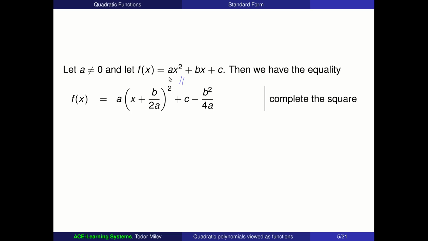That procedure, transforming that quadratic into this expression, was called completing the square. That's what we just learned how to do. Okay, so we completed the square like this, but here's what we can do.